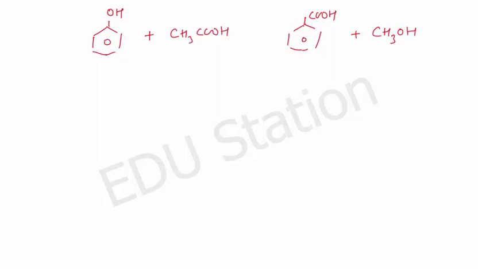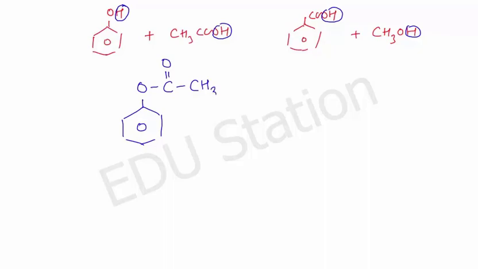As I've told you, alcohol loses H, acid loses OH. The first one: O, C double bond O, CH3. The generalized name is R, C, O, O, R dash. So you start from this and this will be R, C, O, O, R dash.